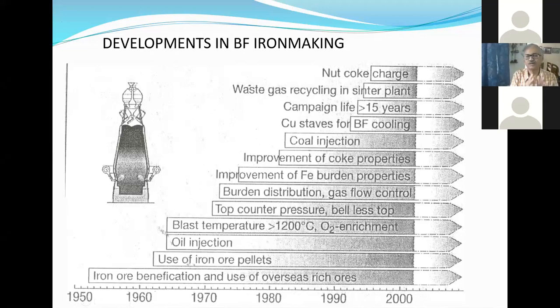The raw material should be of very good quality, because otherwise you cannot maintain permeability in the dry zone as well as in the liquid zone. So quality of the coke, and quality of the iron ore in terms of agglomerated product like sinter and pellets, has to be there. Iron ore beneficiation was also required because you can increase the grade of the iron ore.